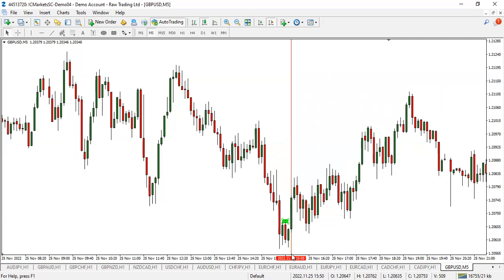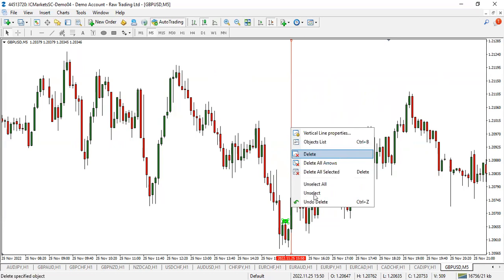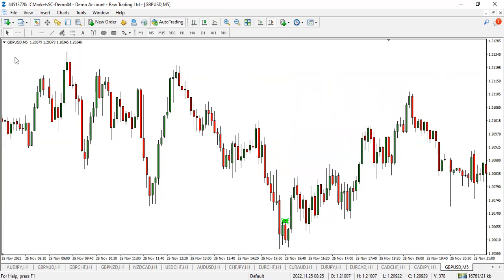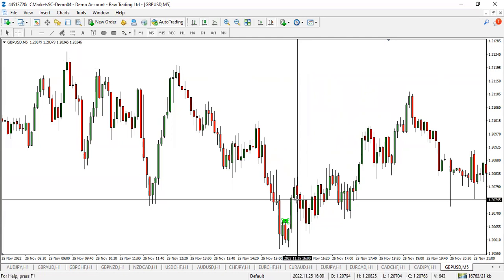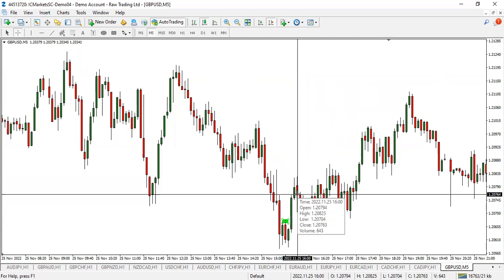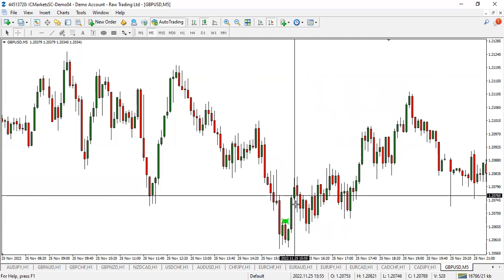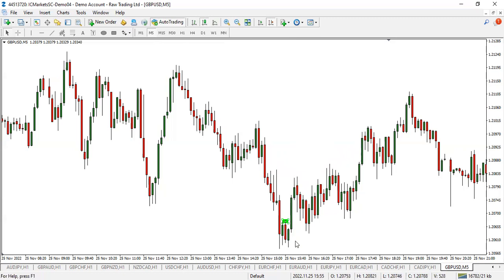Sometimes by the time it breaks the neckline, if you enter on it, your stop loss may be wide. That depends on what kind of trader you are and how many pips on average you like to stake as stop loss. For example, in this case, that would be around 18 pips for stop loss.